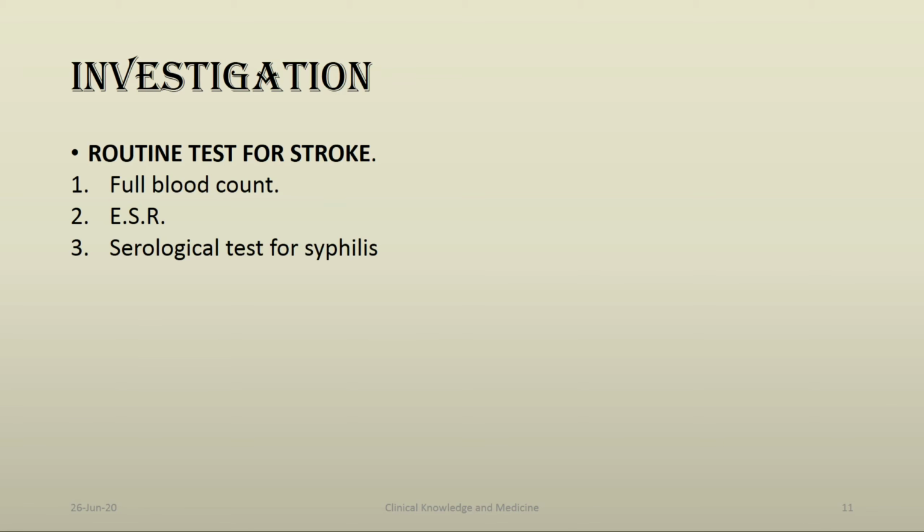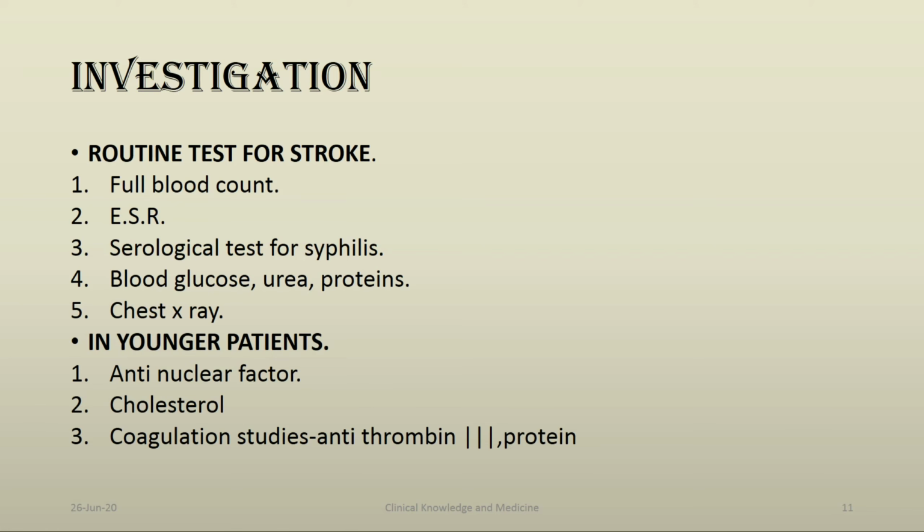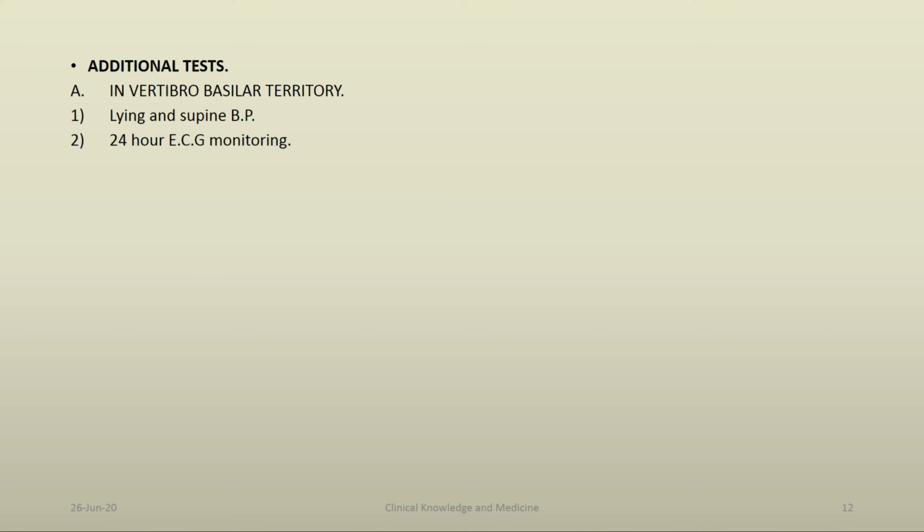Investigation: routine tests for stroke: full blood count, ESR, serological test for syphilis, blood glucose, urea, proteins, chest X-ray. In younger patients: anti-nuclear factor, cholesterol, coagulation studies, antithrombin 3, protein S and C. Additional tests: in vertebrobasilar territory, lying and supine BP, 24-hour ECG monitoring, X-ray cervical spine, MR angiography.